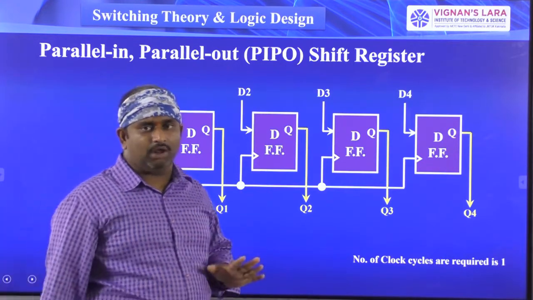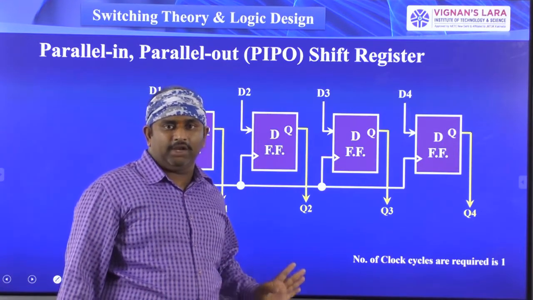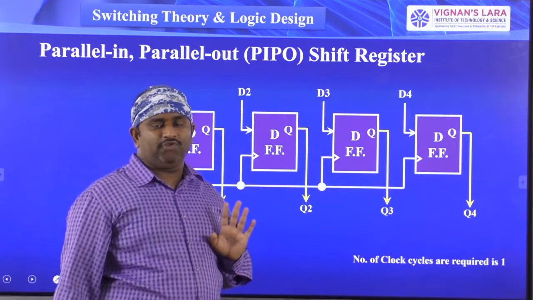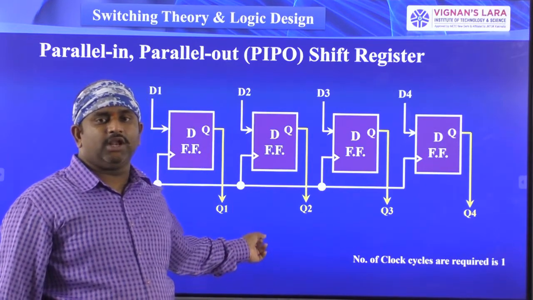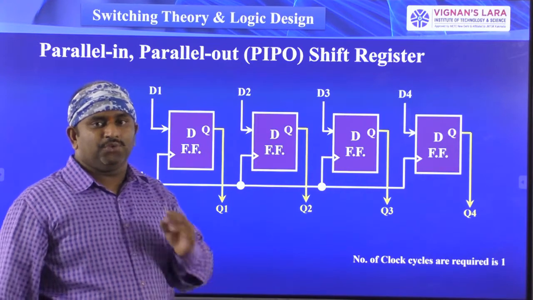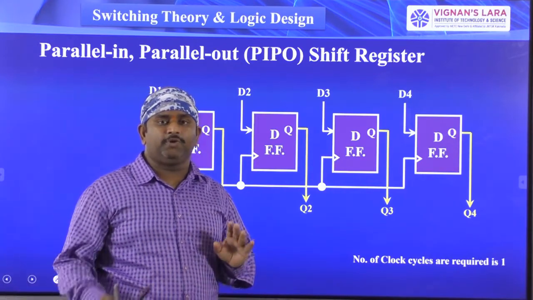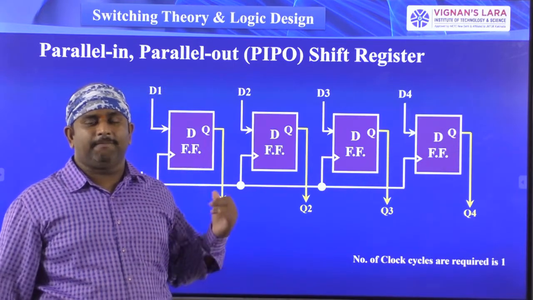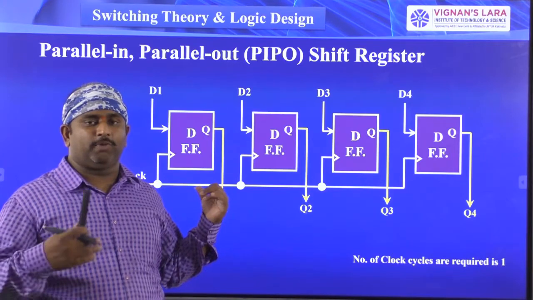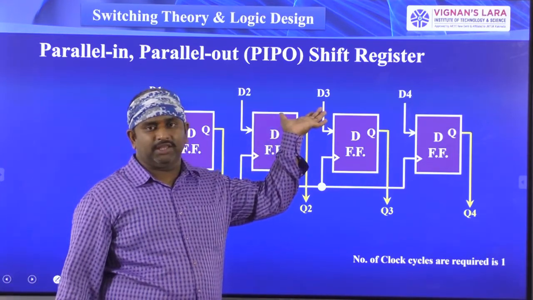So among these 4 configurations, which one is the fastest? Parallel input, parallel output is the fastest configuration, but it is costly. The serial input, serial output configuration is very cheap. Compared to the pricing, the serial input, serial output costs much less, and parallel input, parallel output configuration costs more. Why? Because the data is given by the user.